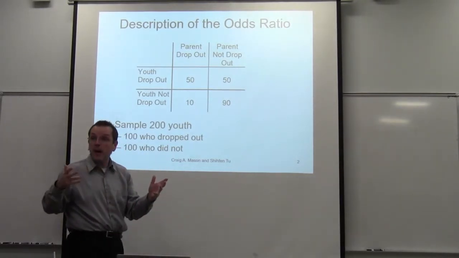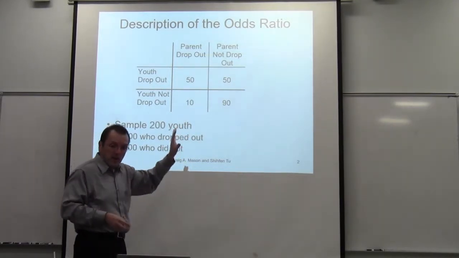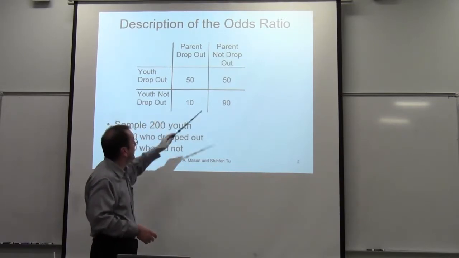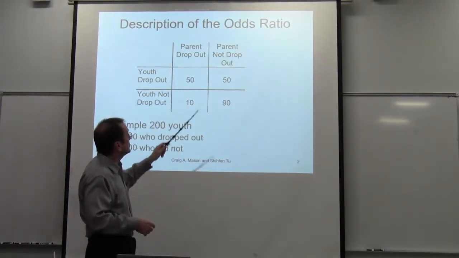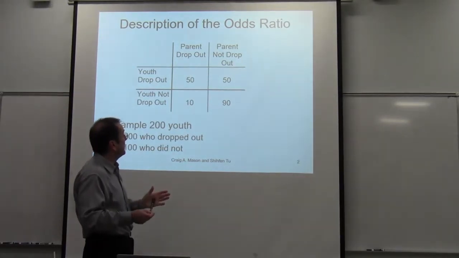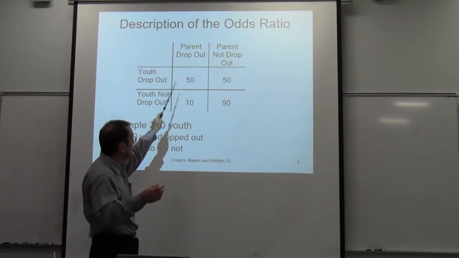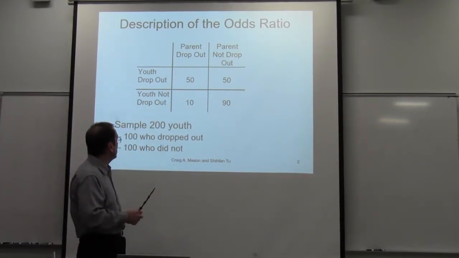You'll see people talk about it if you look at an article where they're doing logistic regression. But to understand where it's coming from, I think it helps first to do a very simple model. You can calculate an odds ratio in logistic regression, or in a simple case like this, we can do it directly in this 2x2 table.